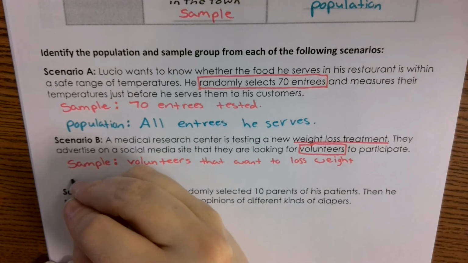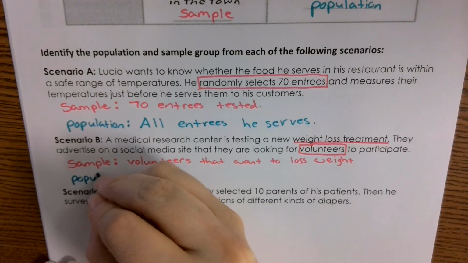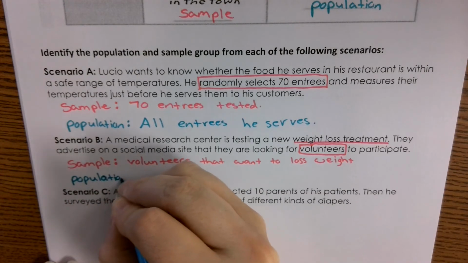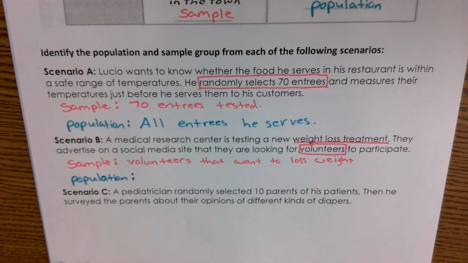Volunteers that are wanting to lose weight. So now I need to make an inference based off of that to gauge what my population would be. So again, we're focusing on weight loss. So my population is everyone who wants to lose weight.